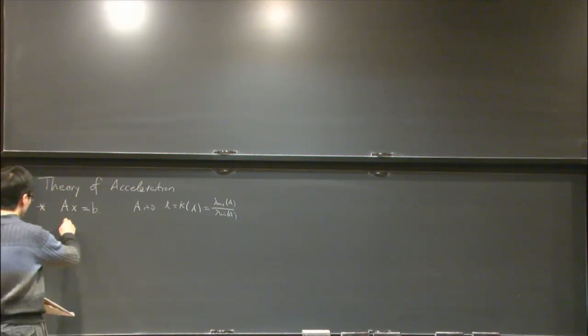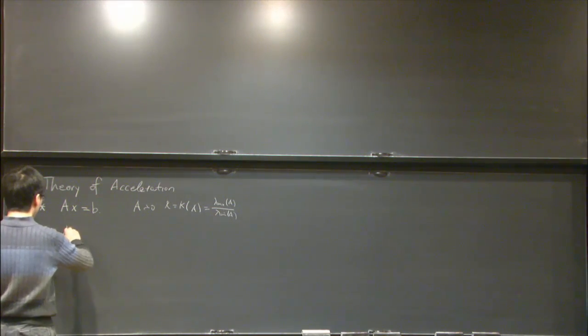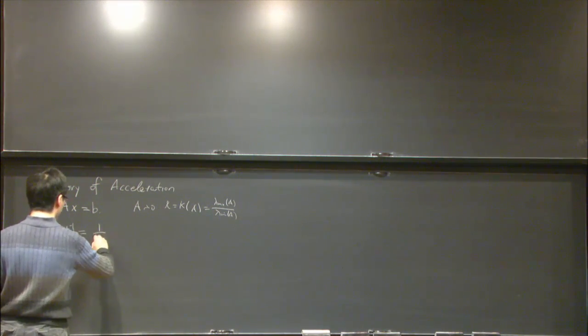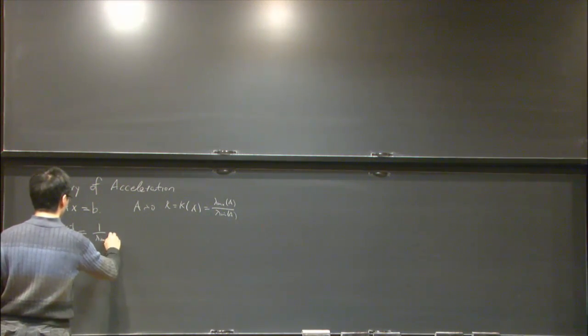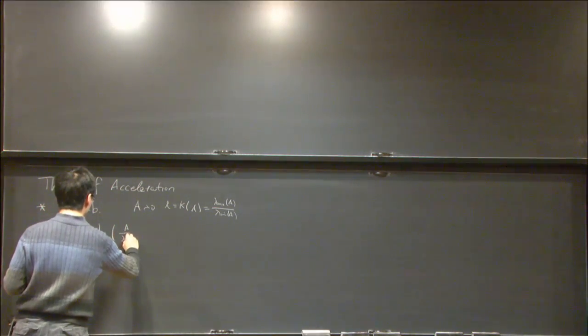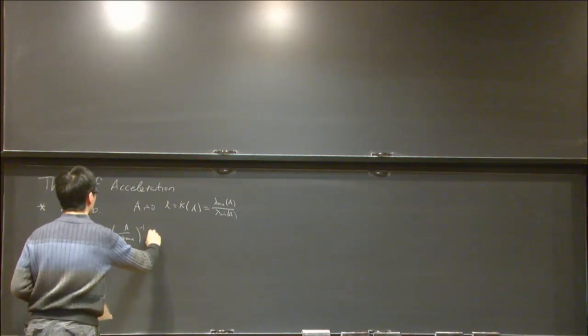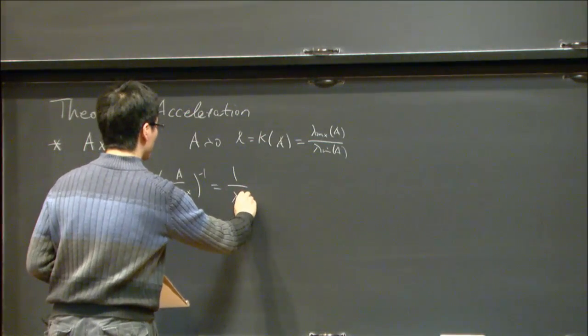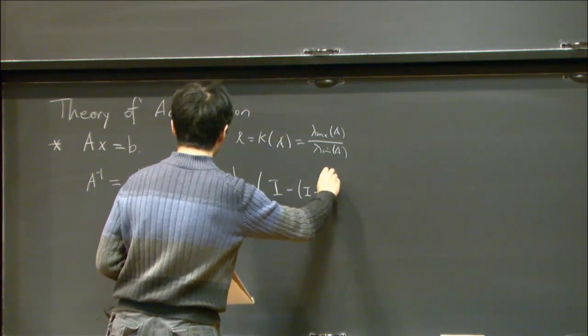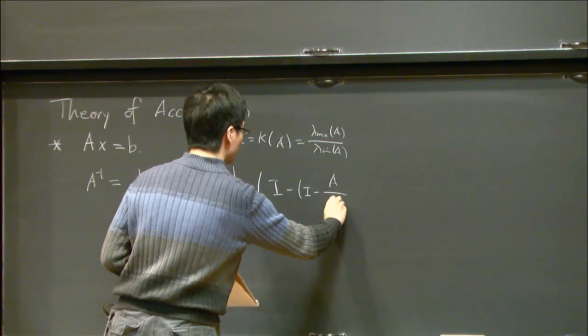That is to use the following polynomial, because A inverse equals 1 over lambda max times A over lambda max inverse, which equals 1 over lambda max times the inverse of identity minus (identity minus A over lambda max).